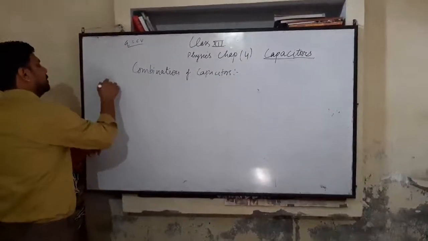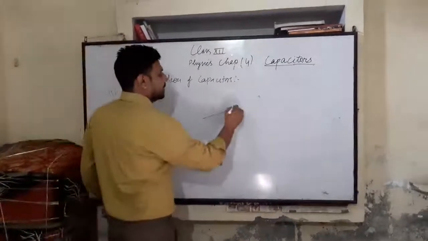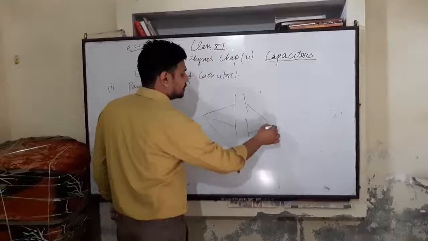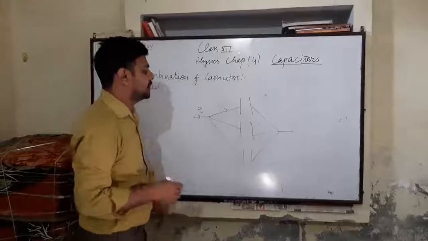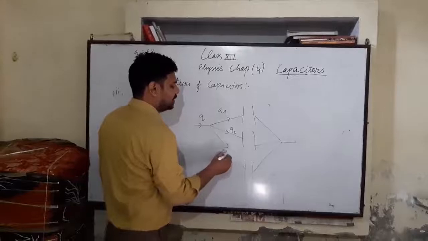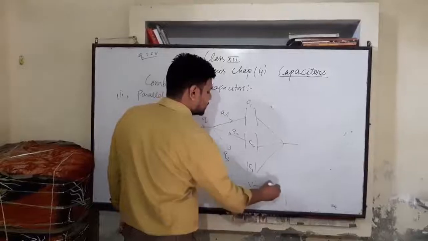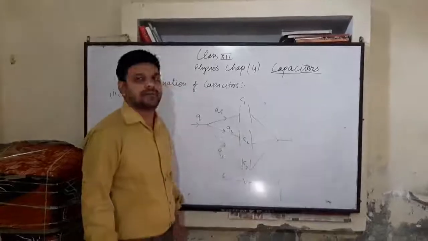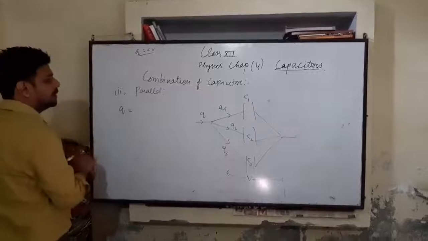Now, the parallel combination. In the parallel combination, the charge is divided. Consider the total charge Q is given to this arrangement. Q is divided into three parts across C1, C2, C3, and the potential difference between the plates of all the capacitors is V. So in parallel, charge is divided.